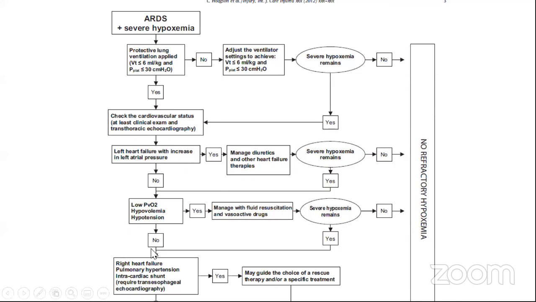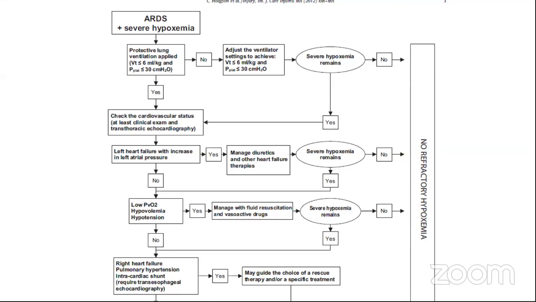The third reason that your patient may not improve is that he may have a right ventricular dysfunction, which is common among ARDS patients. Some of them have right ventricular strain, right ventricular dysfunction. So we should optimize the right ventricular function of your patient by giving inotropes in the form of dobutamine or inodilators like amiodarone according to your clinical assessment.